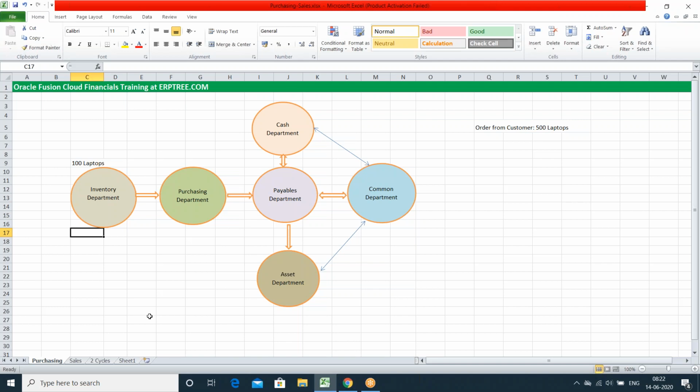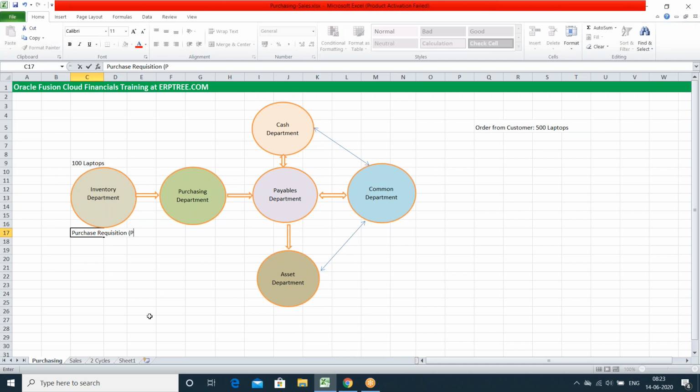Raising the requisition means they address that there is an order from the customer for 500, we have only 100 in stock, and we need 400 more laptops so that we can fulfill the customer order. So inventory will raise the purchase requisition.